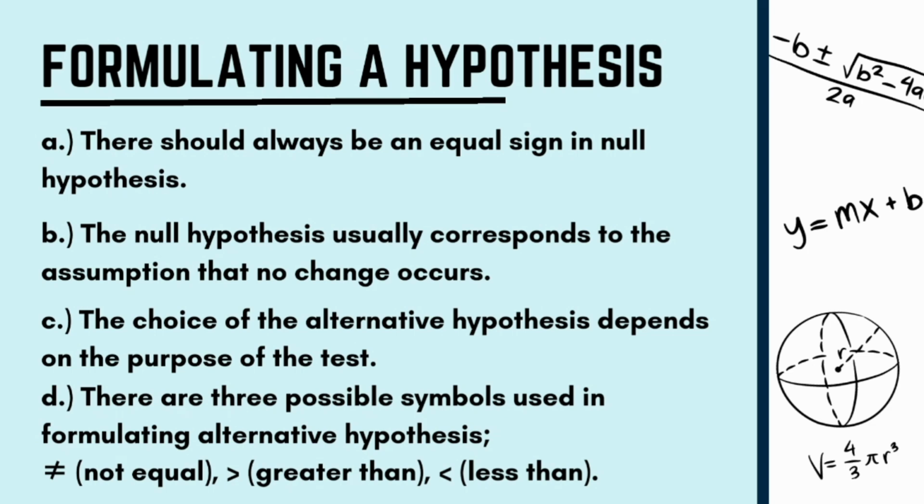In statistical hypothesis testing, the alternative hypothesis represents the claim or theory that we want to test against the null hypothesis. The alternative hypothesis is typically formulated using the symbols greater than to make directional prediction about the relationship between variables, and less than, specifically indicating that one variable will have a smaller value than another, or not equal to, to specify the direction or nature of the effect we are investigating.